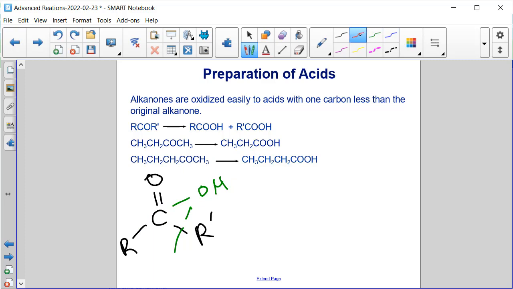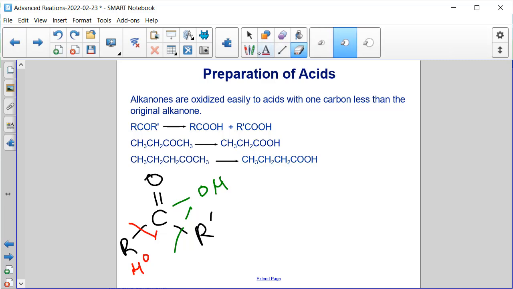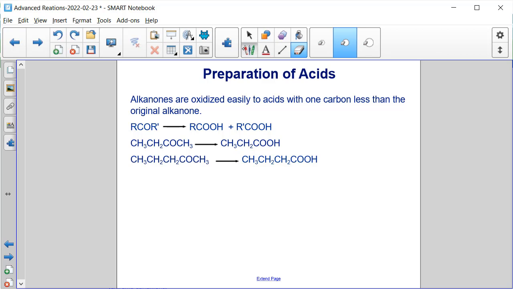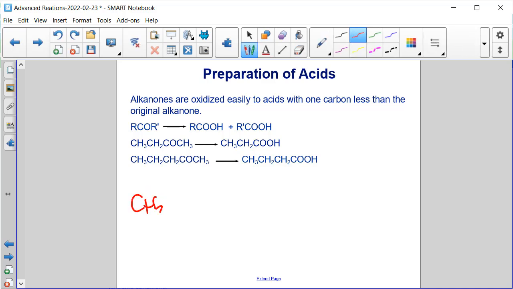Or we could cleave here and get the carboxylic acid that involves R prime, and we would bond to OH here. So either of those can form. We can get a mixture. Some of it depends on the conditions. But you can always be sure that you can show one of the products if you just cleave on that double bond.